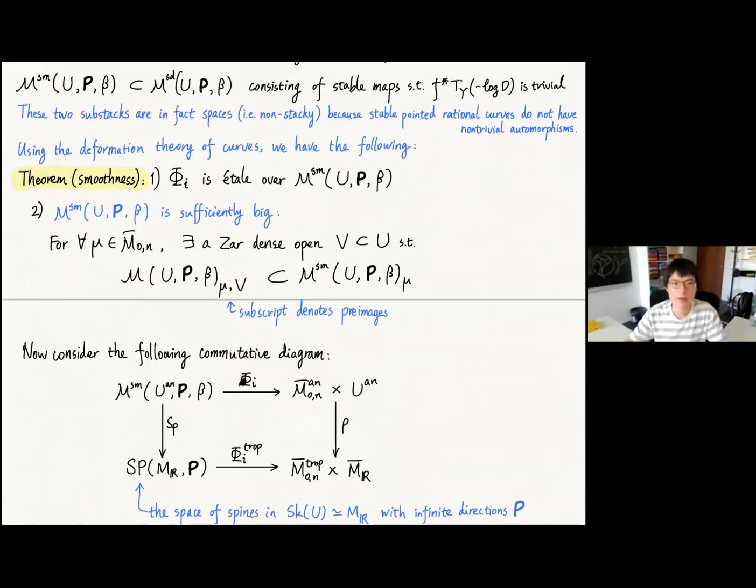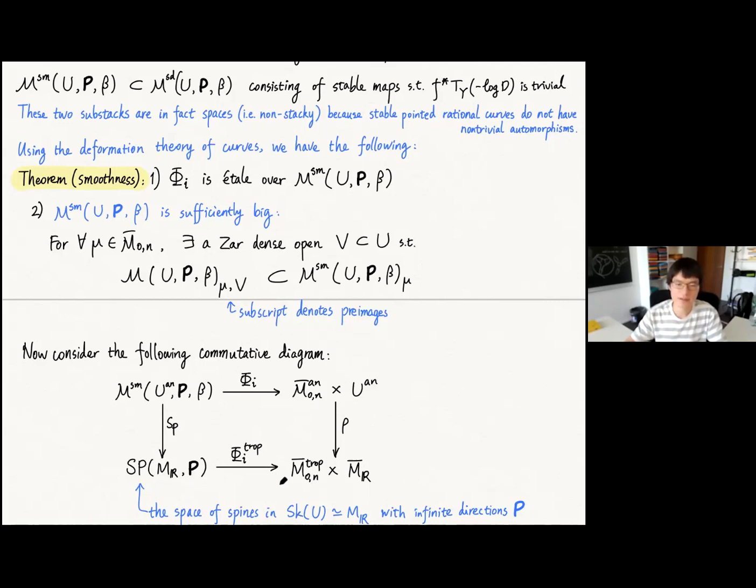We have our map phi I from the subspace M smooth, taking the domain of the stable map and evaluation at the ith marked point. And at the tropical level, we have the map phi I trop from the space of spines in the essential skeleton with infinite directions given by bold P, our tuple, to this product.